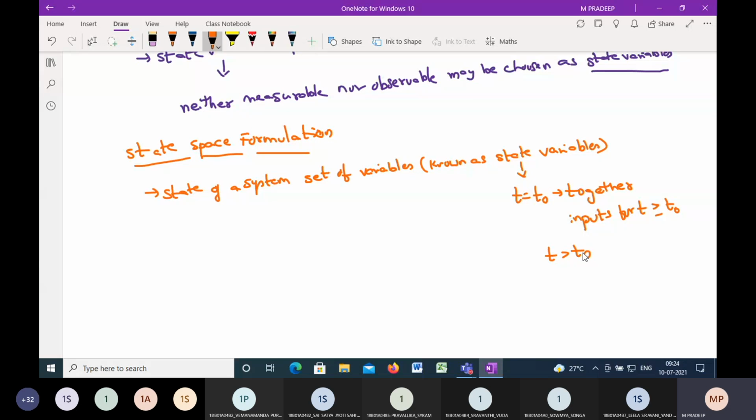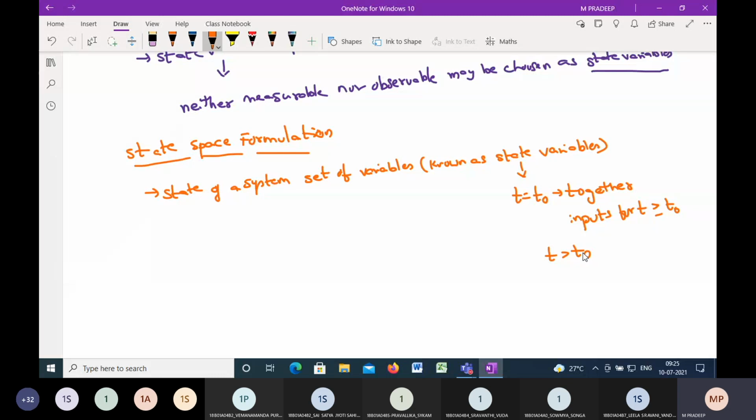That is the t equal to t naught value and the knowledge of your input for t greater than or equal to t naught. By combining these two, we determine the complete behavior of your system at time t greater than or equal to t naught.